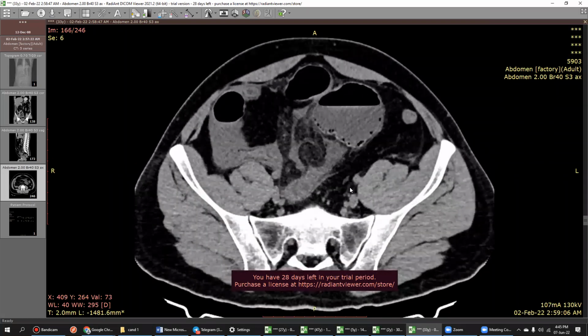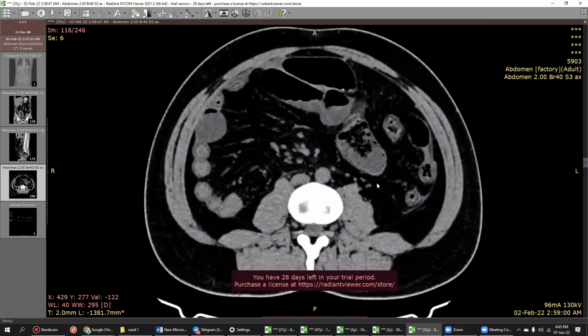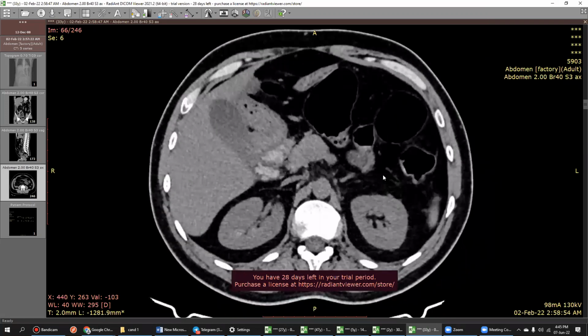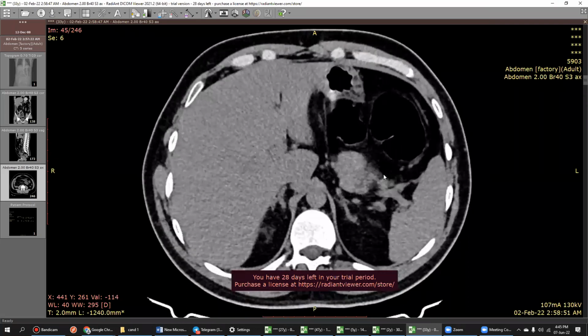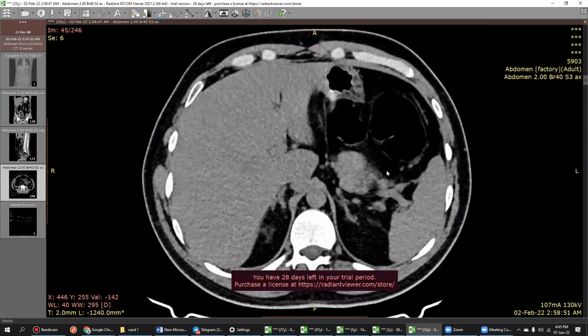So I'm just trying to scroll through the images, and the striking abnormality which I find is in the lower pelvis. I'm just going to have a general look, and then I will start commenting.